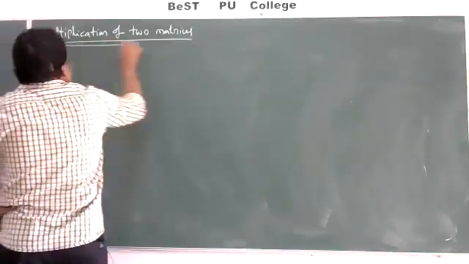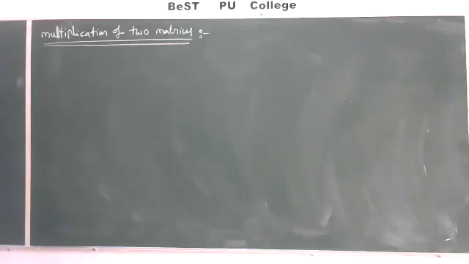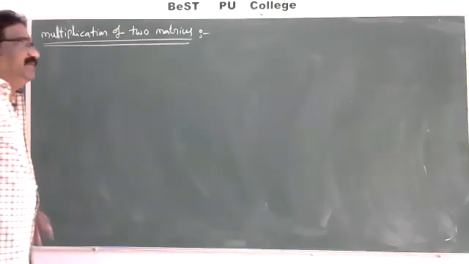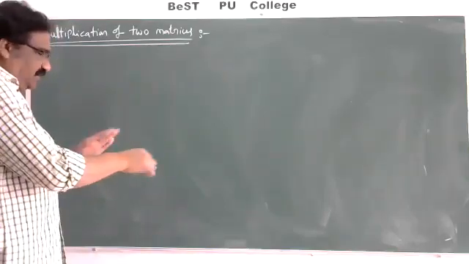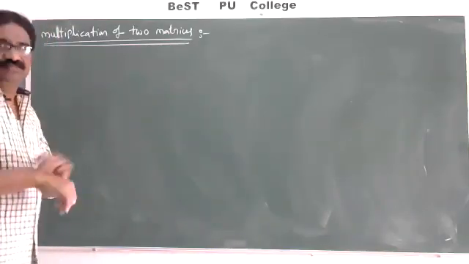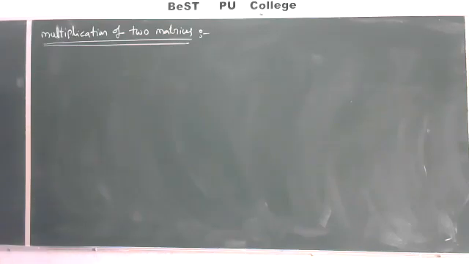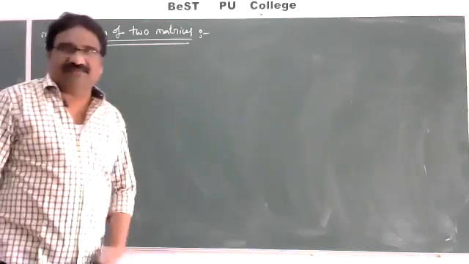So this is very, very important. Addition and subtraction even small children do, but multiplication is very, very important for this chapter.